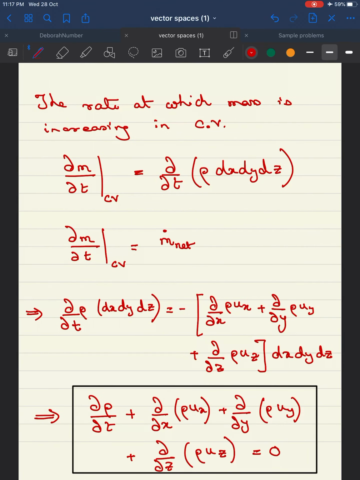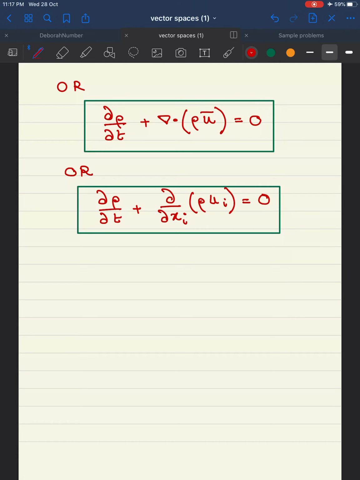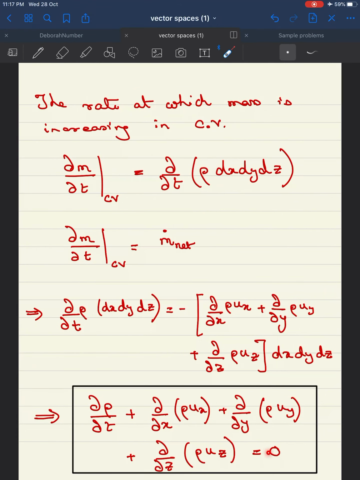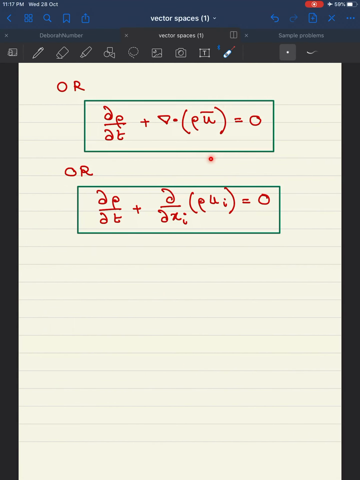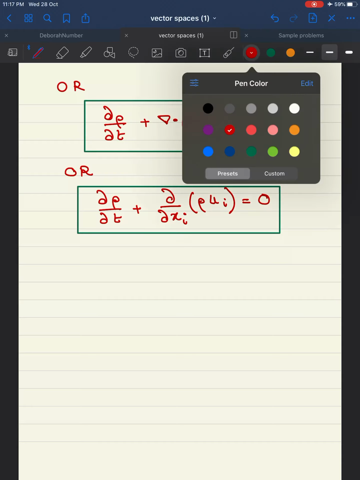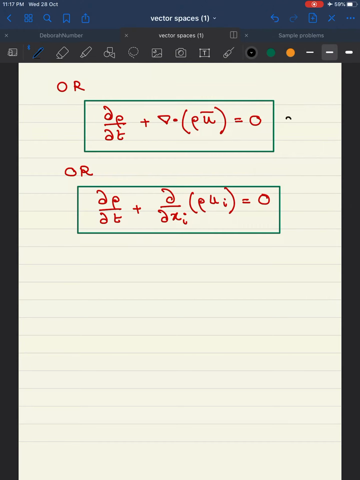So this form, which is the component form or the vector form or the index notation form, they are all the same and they are the continuity equation. They are also called the continuity equation in fluid mechanics, and they are basically a statement of conservation of mass for our system.